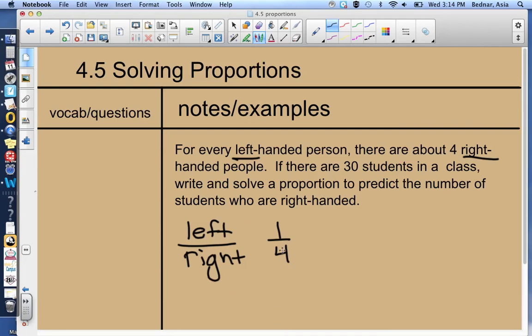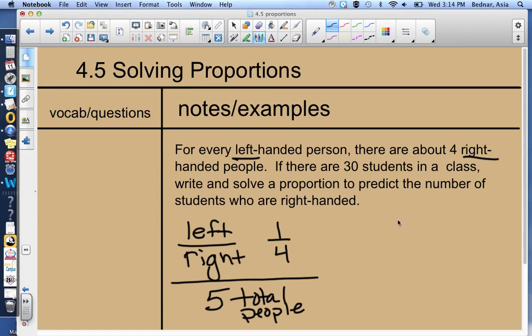How did I figure that out? Well, I must have been talking to 5 total people in order to determine that 1 was left-handed and 4 were right-handed. 1 told me they were left, 4 told me they were right, 5 total people. If there were 30 students in class, how many would be right-handed?